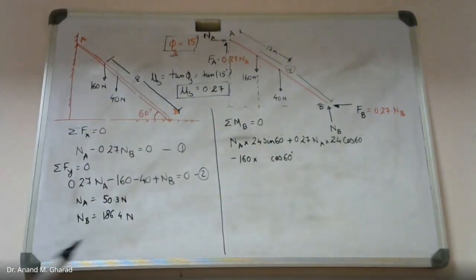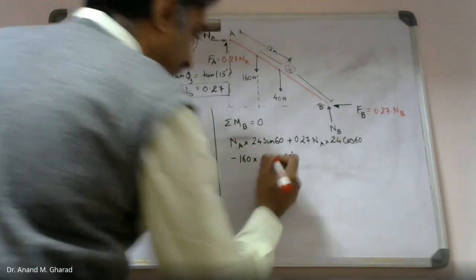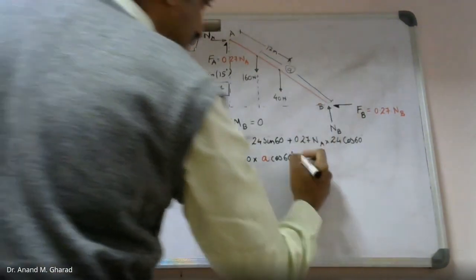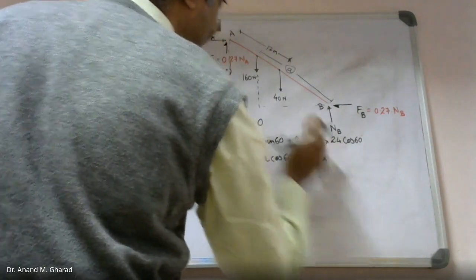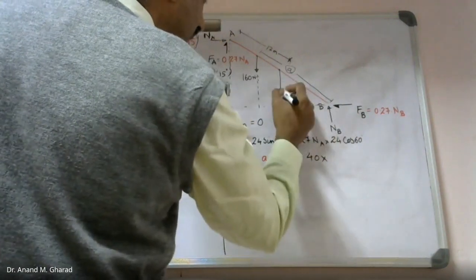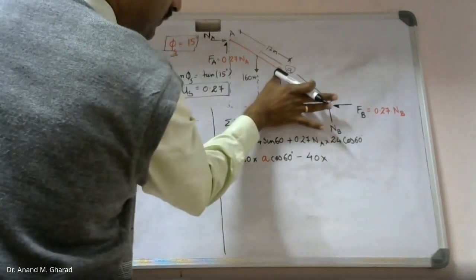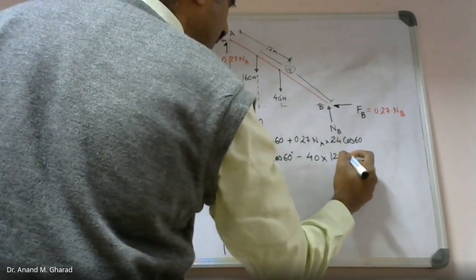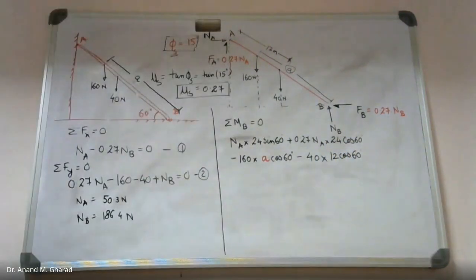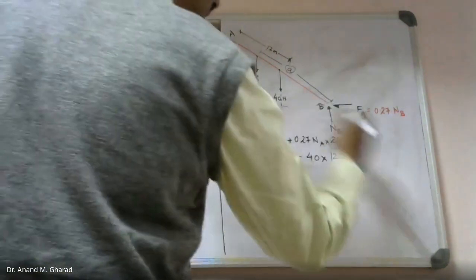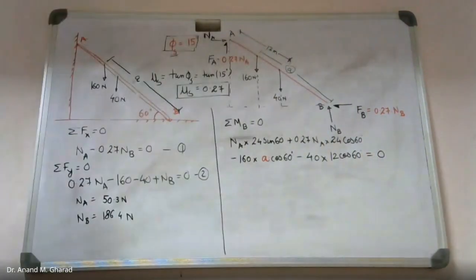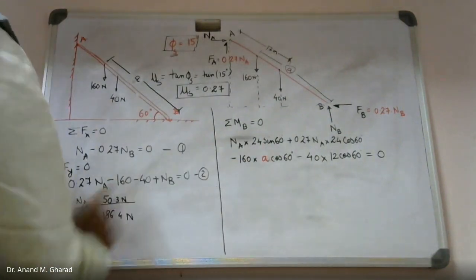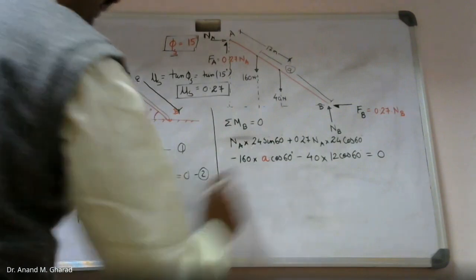This being the unknown term, A cos 60. Okay. Next, 40 Newton. Again, it is going to rotate in the anti-clockwise direction about this point B. Over here, this is 12 meter. So this will be 12 cos component, 12 cos of 60 degree. Am I right? Yes, sir. Equate it to 0. You have already calculated NA value over here. Substitute that value and find out A.